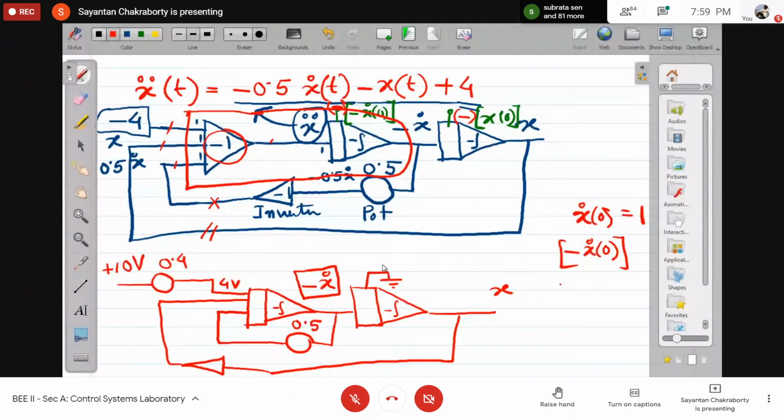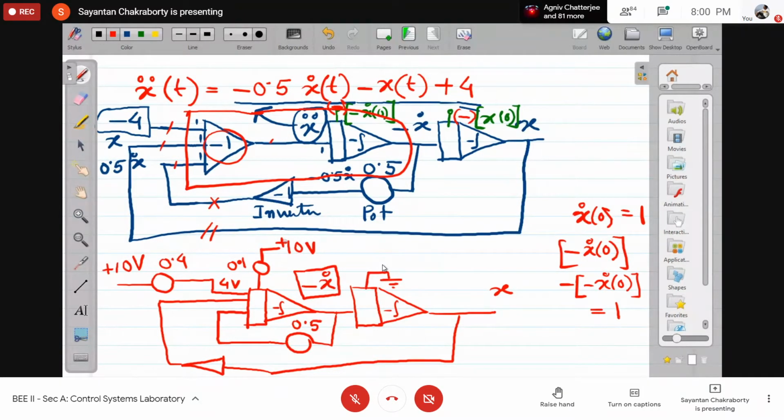But since there's an inversion, I have to put... so what will be this value? 1. So how can that be put? You just apply again 0.1 and apply plus 10 volt source here. So followed.